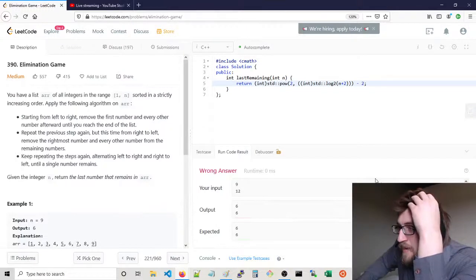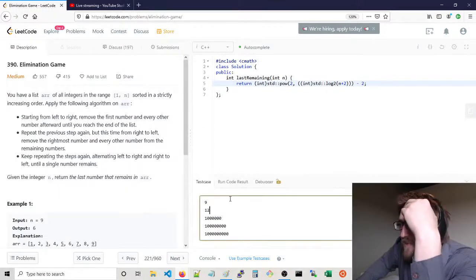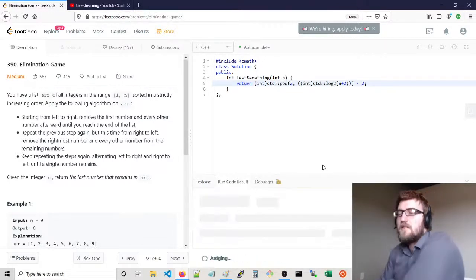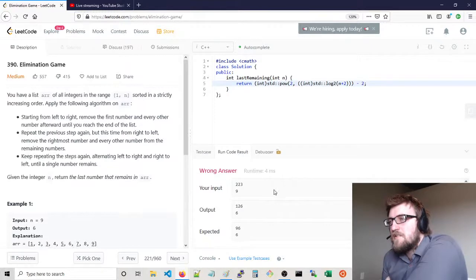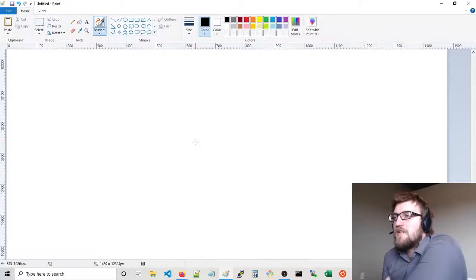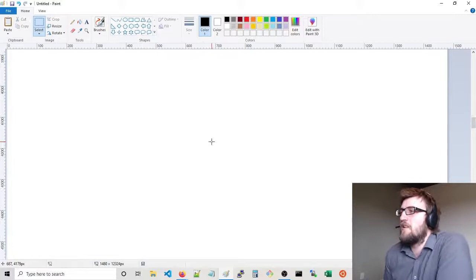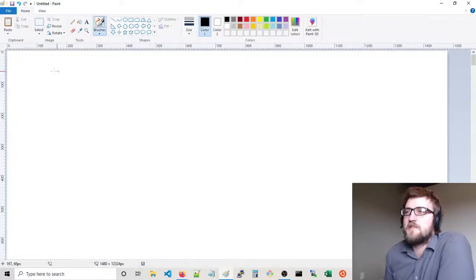Why is my input not... Oh wait, did I not? I thought that I did that. 223, 126, 96. Okay, so we have 223. So this was just wrong. We're going to get rid of all that, by the way, so we have more space.